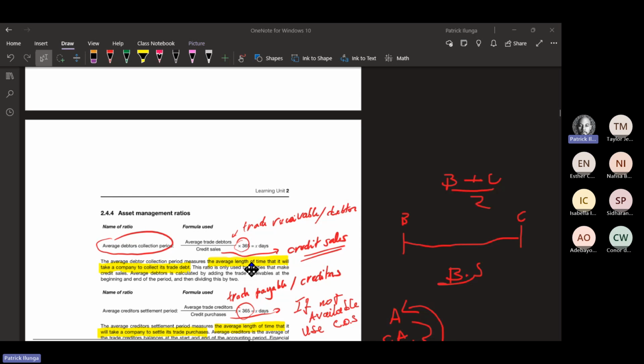Current liabilities. Very important. So asset management ratios, very, very important, because you are trading. Any company out there, guys, remember again, I don't know too many companies that don't require any credit.